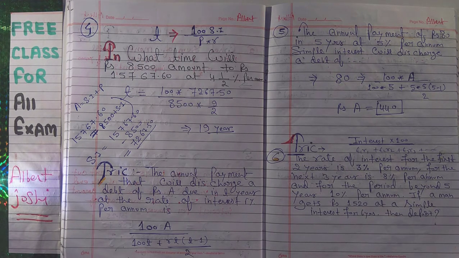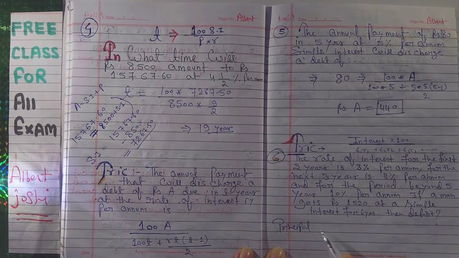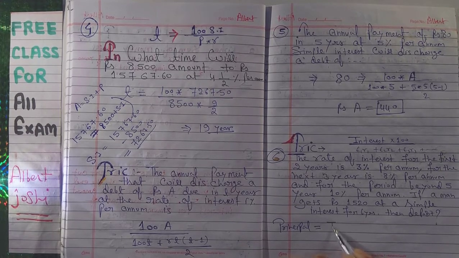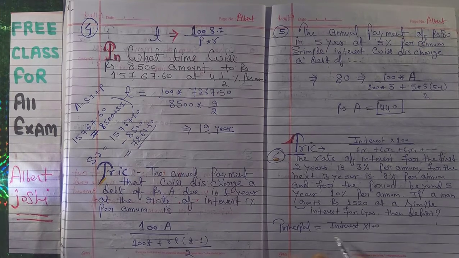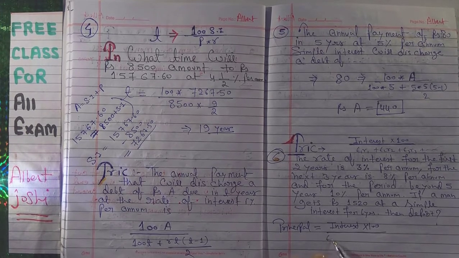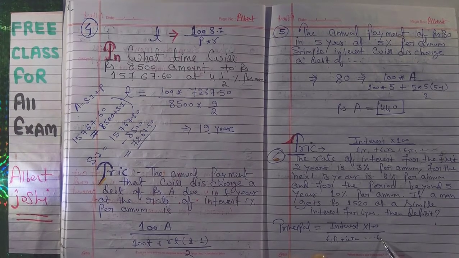Whenever you have such a question, you have to remember one trick. I will give you the trick: the principal is equal to interest into 100 upon T1 R1 plus T2 R2 and so on up to Tn Rn.